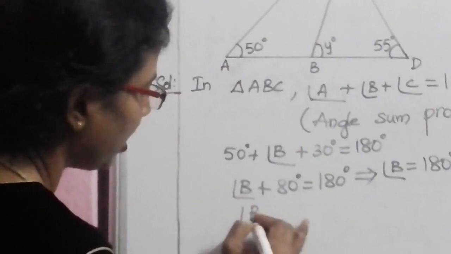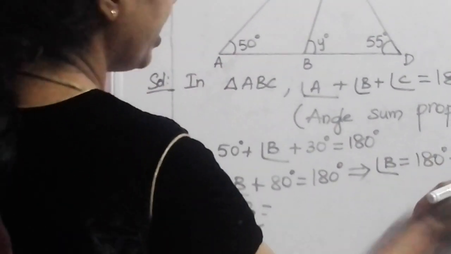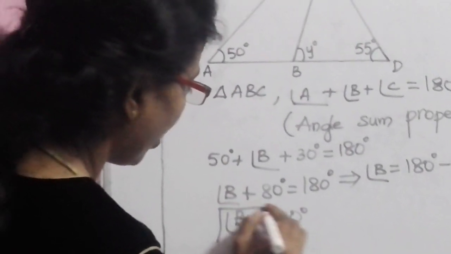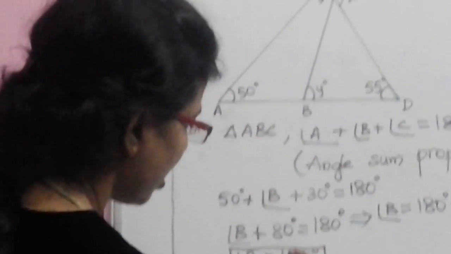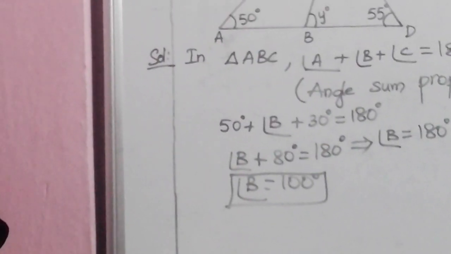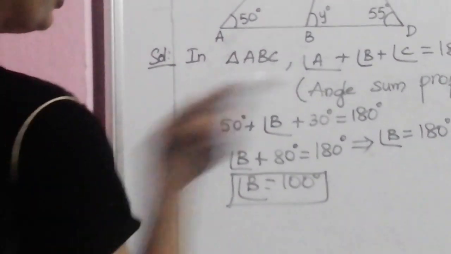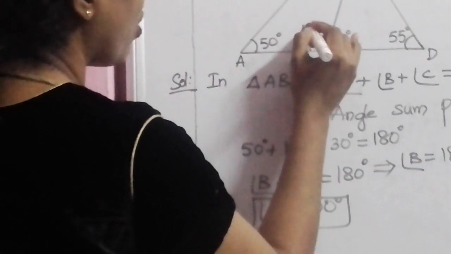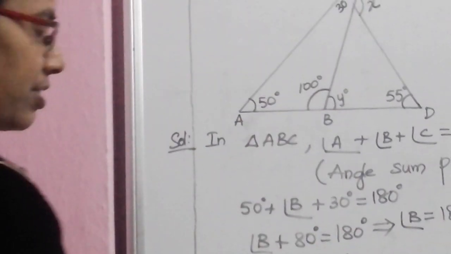So angle B is equal to 180 minus 80, which is 100 degrees. So this angle we got as 100 degrees.